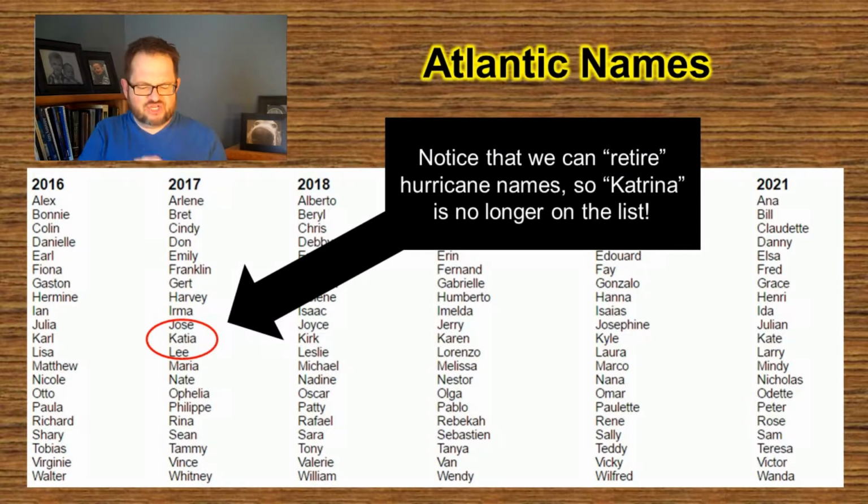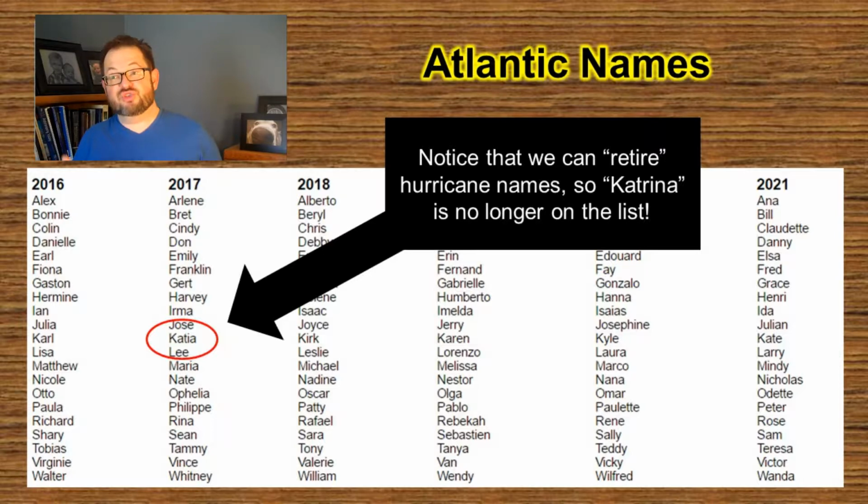I do want to draw your attention to one weird thing about the list, and that is we can retire names from the list. If a particular storm was particularly strong or had a particularly large impact, the government of the country that was most affected by it can request the World Meteorological Organization retire that name, and it will never happen again. You can see a fairly clear example of that.